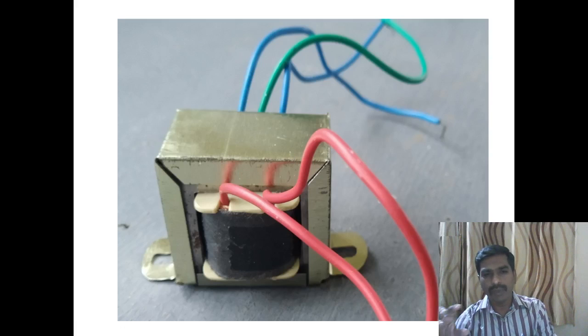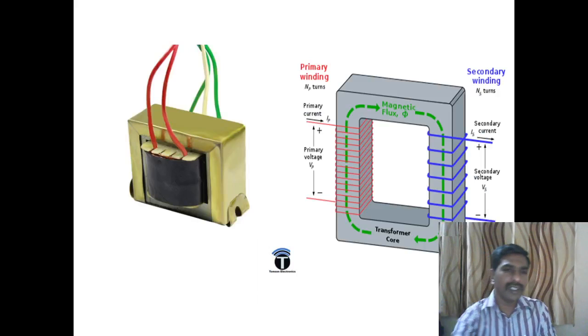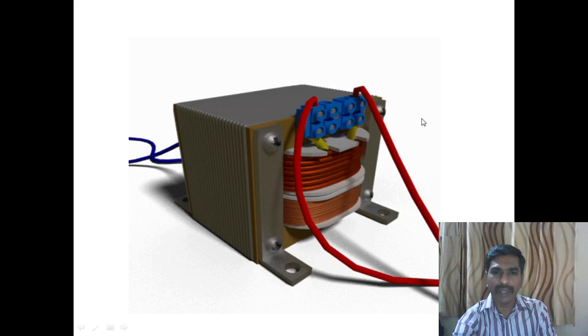A step down transformer converts a higher input value to a lower output value, but a step up transformer converts a lower input value to a higher output value. That is called step up. AC input is connected here, and this is the output. We're going to explain how it works in the coming session.